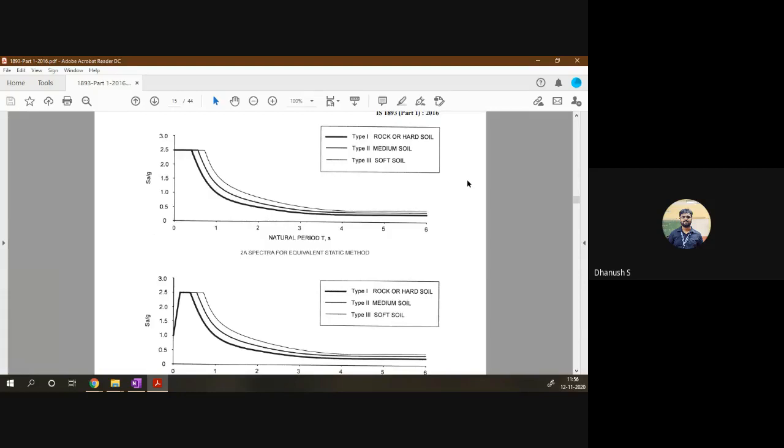It's just that if you consider infill, the results that you get in the end will be more accurate. It's like when you model buildings on ETABS, STAAD, wherever you want, you only consider the mass of the walls without actually considering their stiffness property. So the results that you get during analysis might not really be accurate. So instead of modeling the entire wall and wasting time, if you at least model one diagonal strut, the results that you get will be more accurate as opposed to without considering the walls.